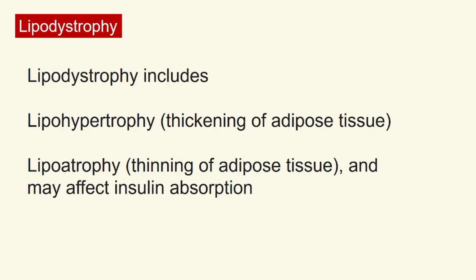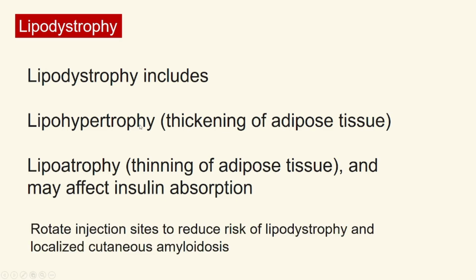Both of them can affect insulin absorption. Therefore, it is recommended to rotate the injection site to reduce lipodystrophy. It can also result in localized cutaneous amyloidosis. So these are the injection site side effects of insulin.